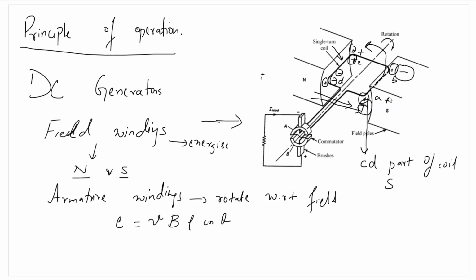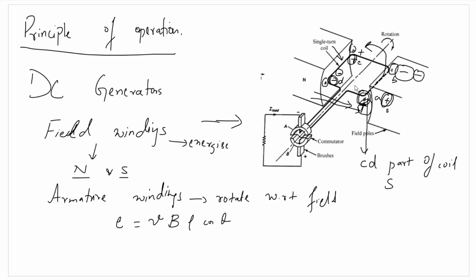Accordingly, a positive voltage will be applied here and a negative voltage here as it's under the influence of the south pole. So in the first instance, at omega t equal to 0 degrees, D was having a polarity of plus. After 180-degree rotation, D will have a polarity of minus. Similarly, A was initially having the polarity minus, and now it has a polarity of plus.